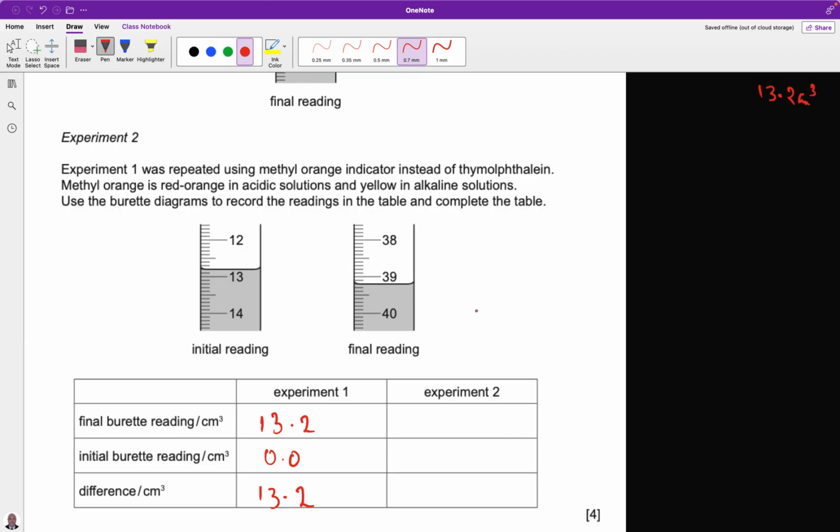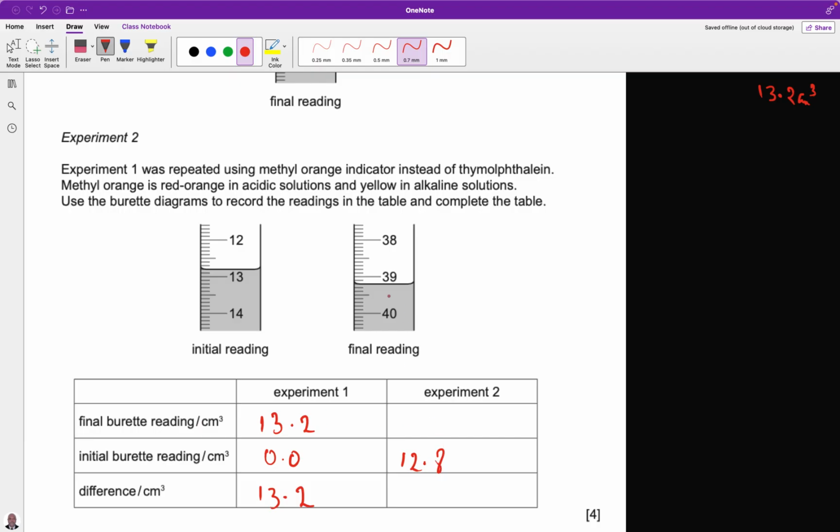Now, experiment 2 here. From this, our initial burette reading is what? We count 1, 2, 3, 4, 5, 6, 7, 8. Okay. The initial burette reading for experiment 2 is 12.8.